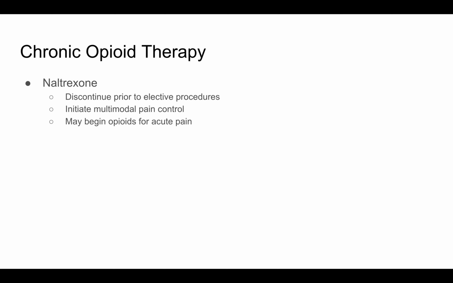They also recommend that in the acute setting, just briefly post-op, it's okay to give these patients opiates for that severe post-op pain, but then try to get them off of it as soon as possible, back to multimodal pain control, and then back on that naltrexone. So this can be a little bit more complicated and difficult to deal with and takes a lot more communication between the surgeon and the other medical providers taking care of this patient, especially those who are giving the patient naltrexone and monitoring their opiate use.